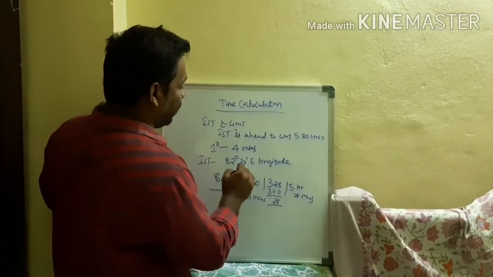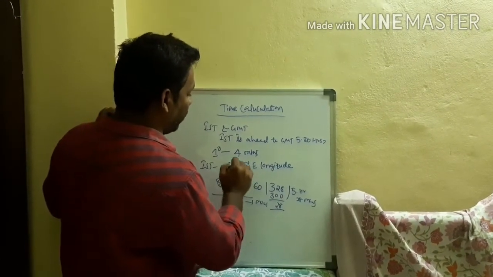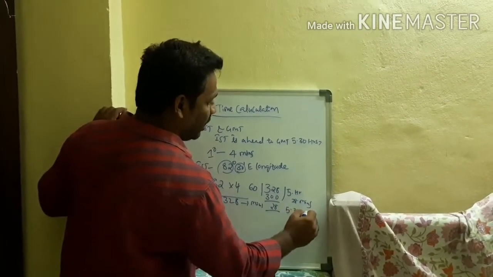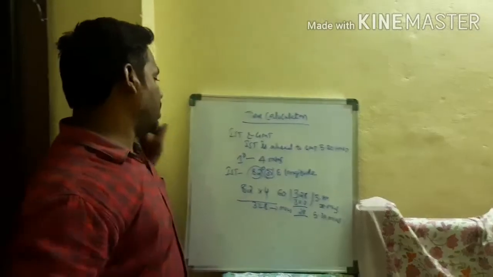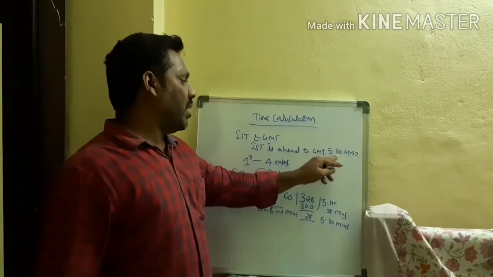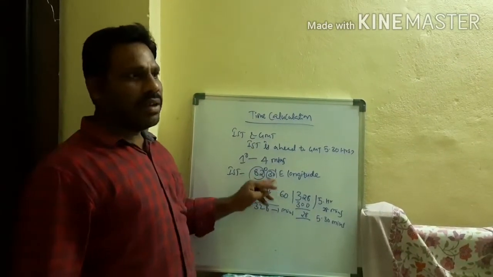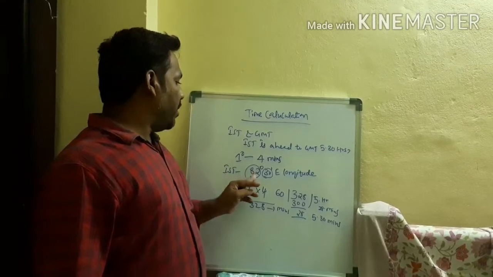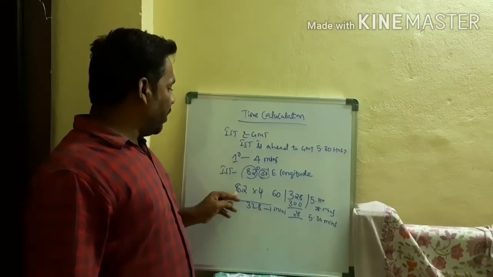We have not taken the 30 minutes also, only we have taken up to 82. Approximately we can find what? 5 hours 30 minutes. So here we should discuss how IST is ahead of the GMT. 5.5 hours means we have to calculate in this manner. For the earth to cross 1 degree takes 4 minutes. IST is how much? 82 degrees 30 minutes. We have to multiply 82 with 4 minutes. Why?